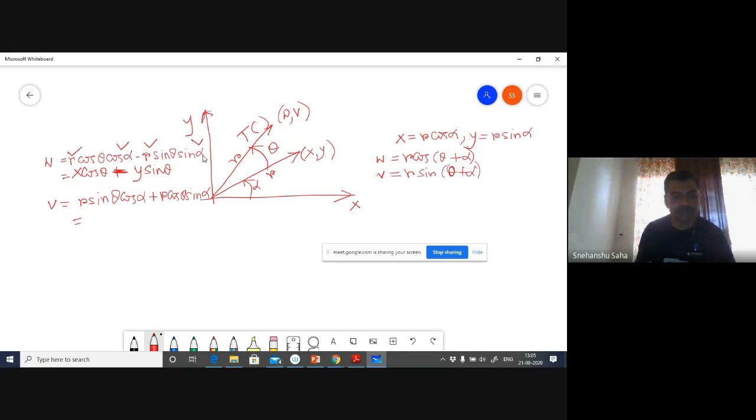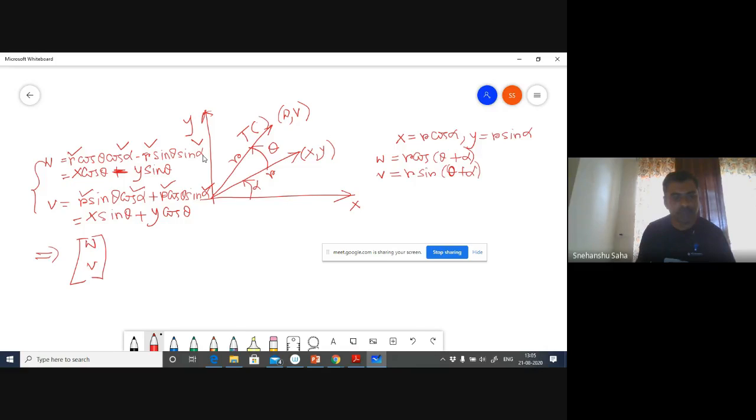Here also you can do the same thing. r cosine of alpha is nothing but x, so this is x sine of theta plus r sine of alpha, which is y cosine of theta. Now if I combine these two equations into matrix form, I have w, v, and also x, y.